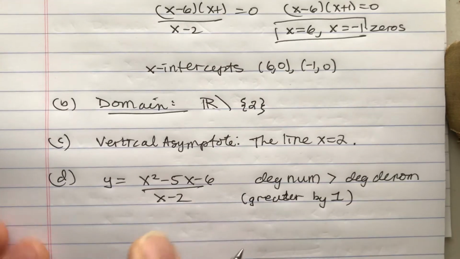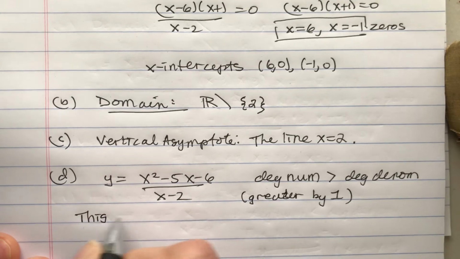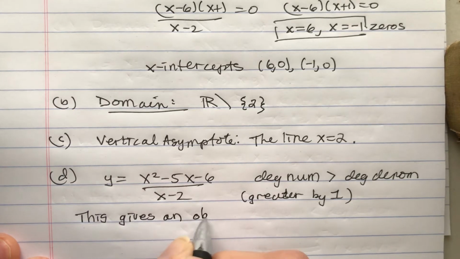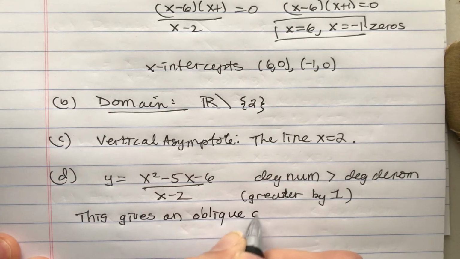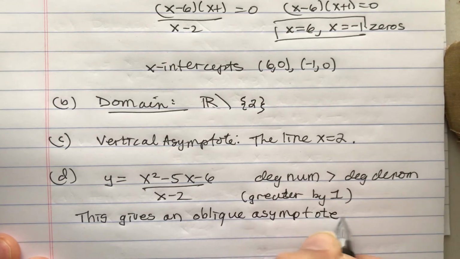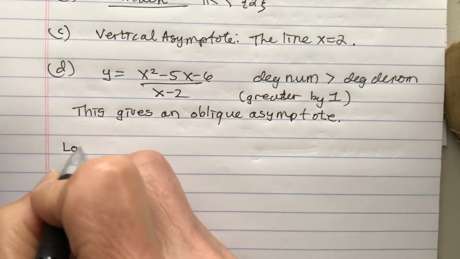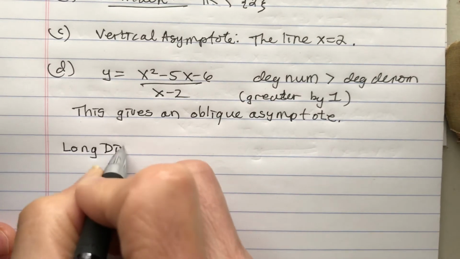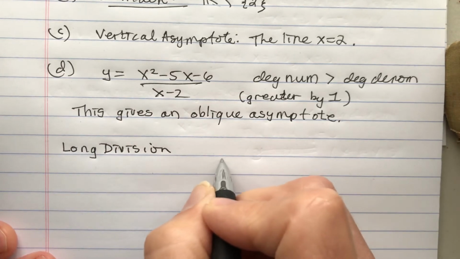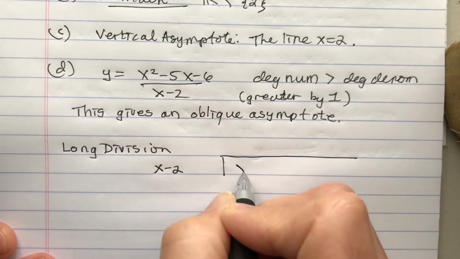So if it's just one more, this gives an oblique asymptote. Some books call it a slant asymptote, but I like the word oblique. It sounds French. It just sounds nice. And so what we're going to do is long division, which we've done before, to see what's going on. This might be the part that people don't like. You can use synthetic division also.